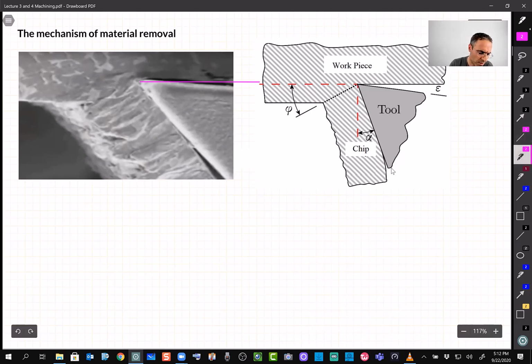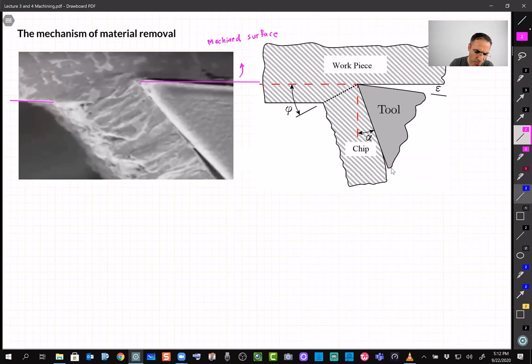So let's call it the machined surface. And this is the original line, all right? So this is the original line.